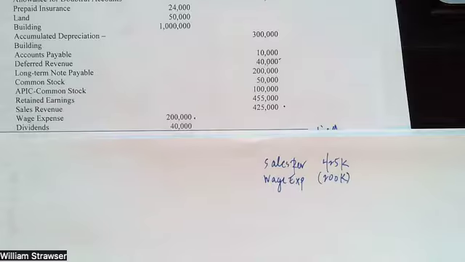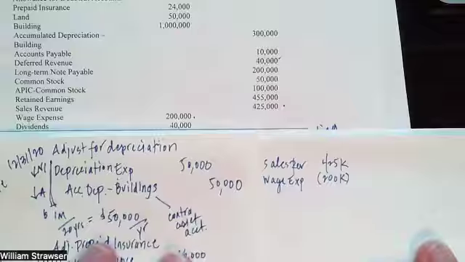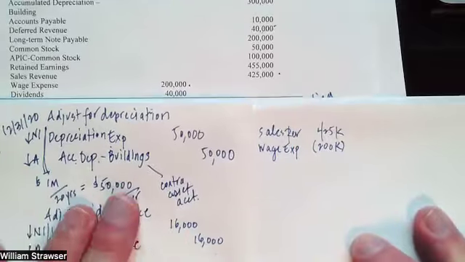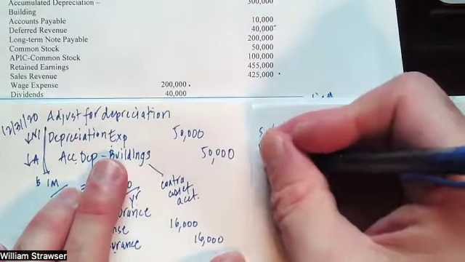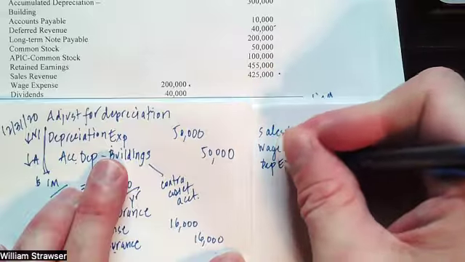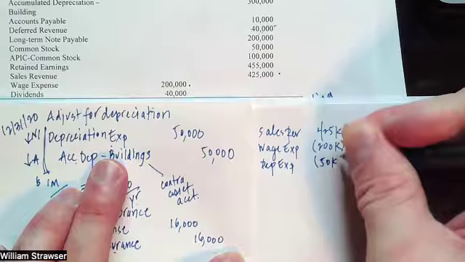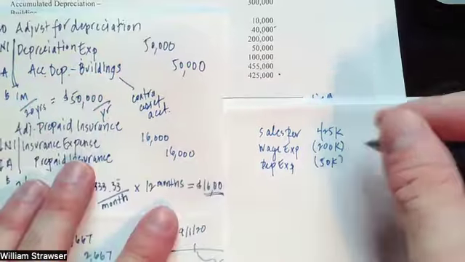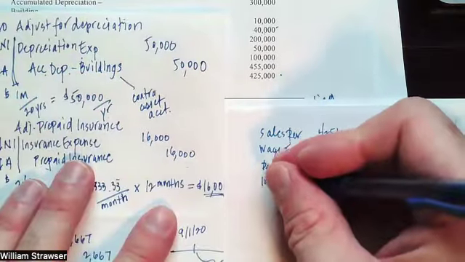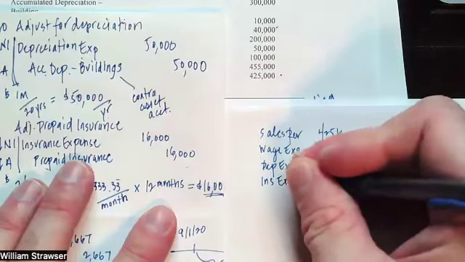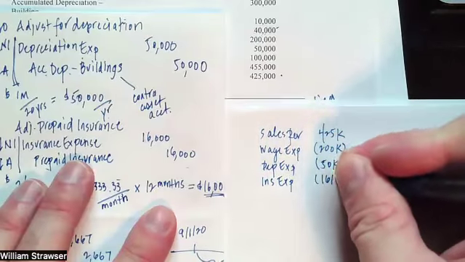Now I want to bring over the entries that I've already made, because we need to add to this the depreciation expense that was recognized for 50,000. We want to bring in the insurance expense for 16,000.